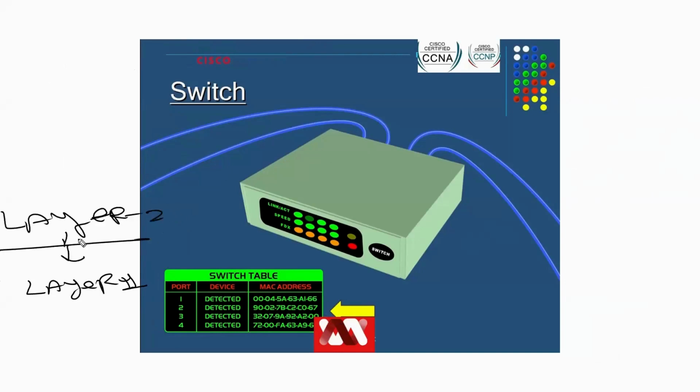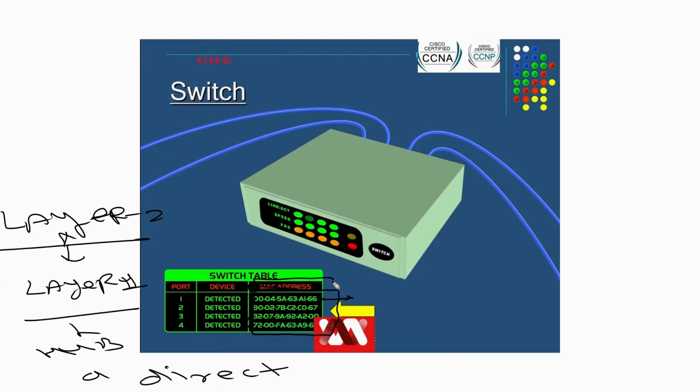Layer 1 has the hub, a direct cable. You just have connectivity, you just repeat yourself. But layer 2 has an extra portion, the MAC address. This is layer 2. This is the extra portion, that you have a MAC address.